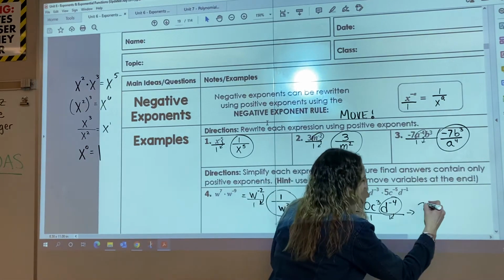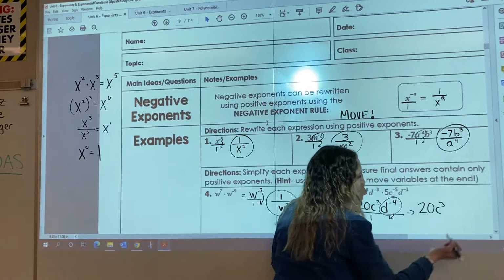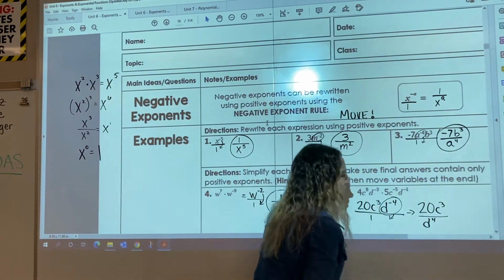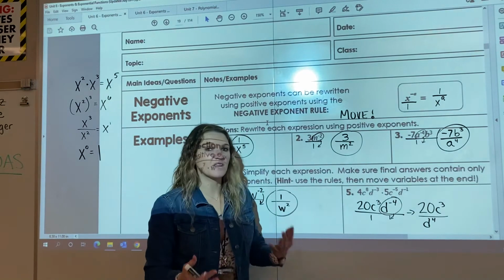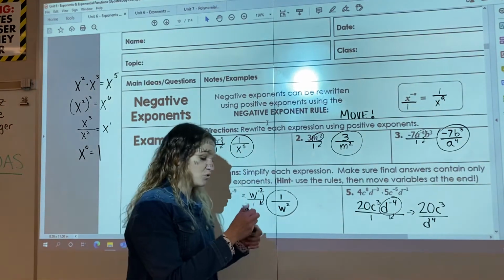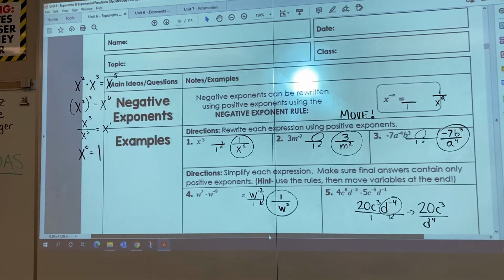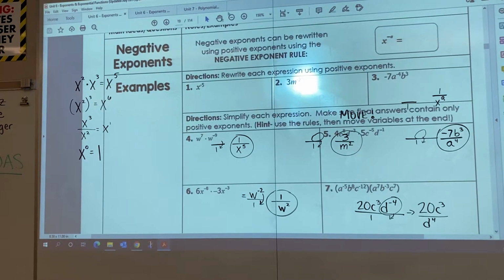So I'll have 20c cubed on top. On the bottom, I'm going to have d to the 4th power. If you kept the 1 on the bottom, again, that wouldn't change anything and you wouldn't be wrong. It's just that it's unnecessary, so we usually don't write it. Let's continue looking at some of these examples.